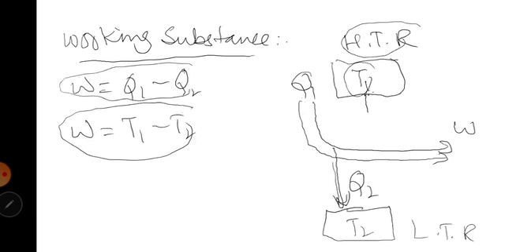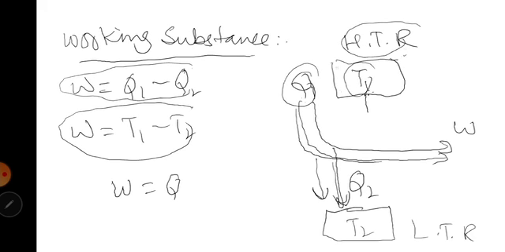According to the Kelvin statement, it is impossible that work will be equal to Q1, that the whole of the heat is used for useful work. Nothing is rejected, there is no heat lost. It is impossible according to the Lord Kelvin statement.